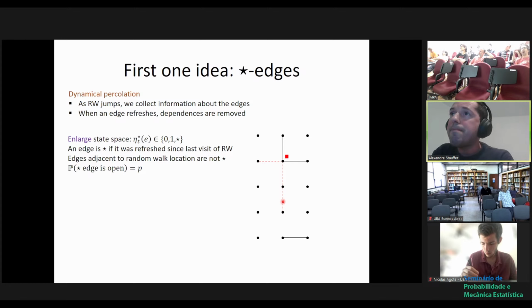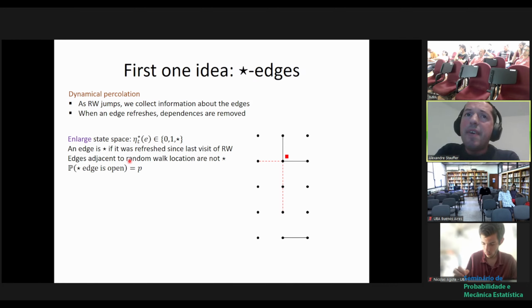It becomes star. If an edge adjacent to the walker like this one decides to refresh, it would disappear from the picture, but since it's adjacent to the walker, I immediately flip a coin and reveal whether it's open or closed, and I put there the corresponding answer. Okay. And that's the state space we are looking at when we analyze dynamical percolation, this enlarged state space.